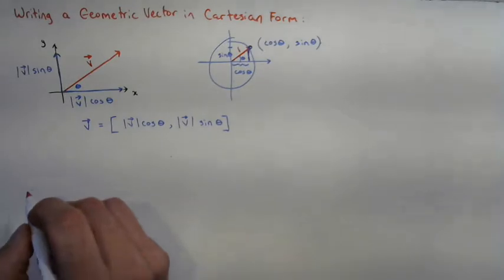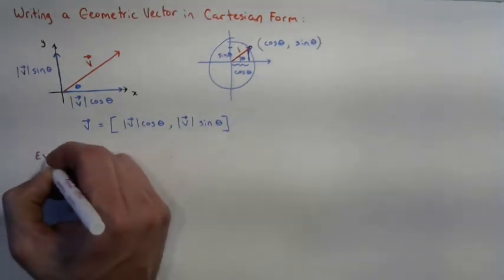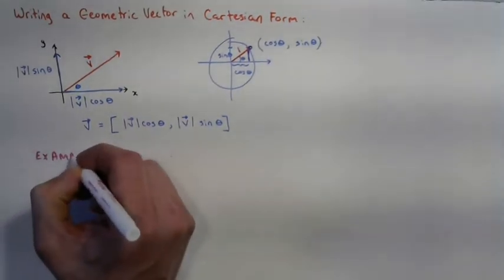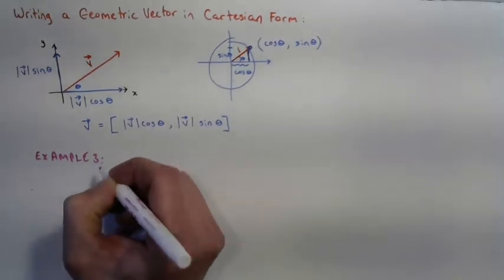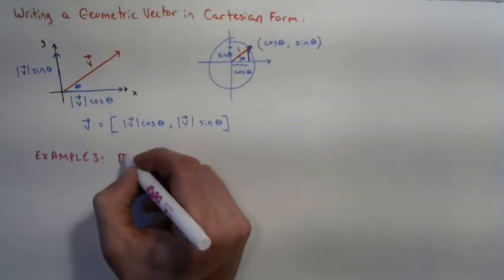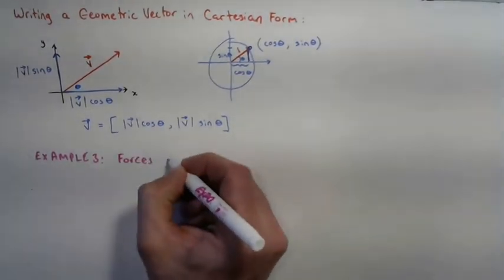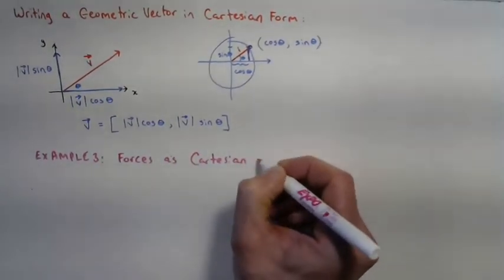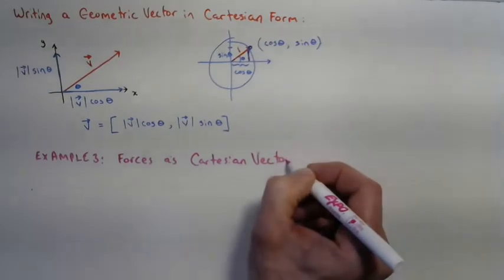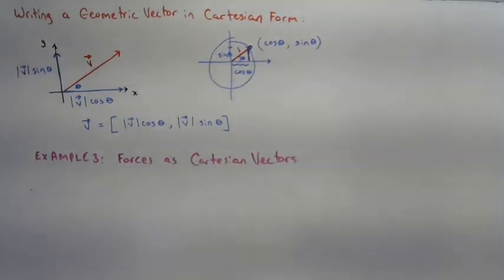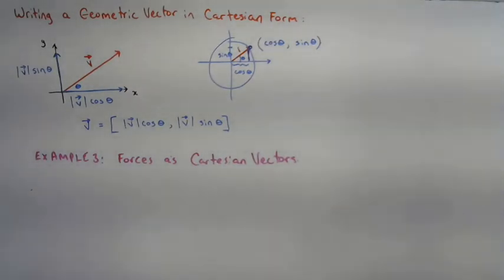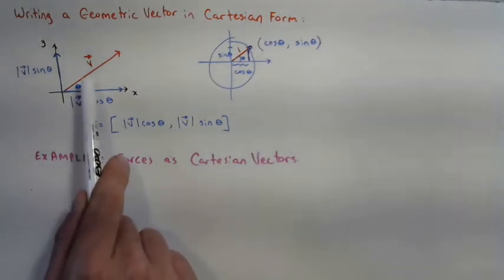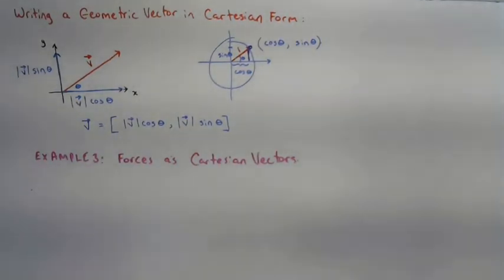Let's apply this in example 3. Example 3, we have forces as Cartesian vectors. Okay, so in Unit 6, we were saying, okay, a weight is hanging, or a car hits another car, those kinds of things. Now we're going to be putting those ideas into a Cartesian form.